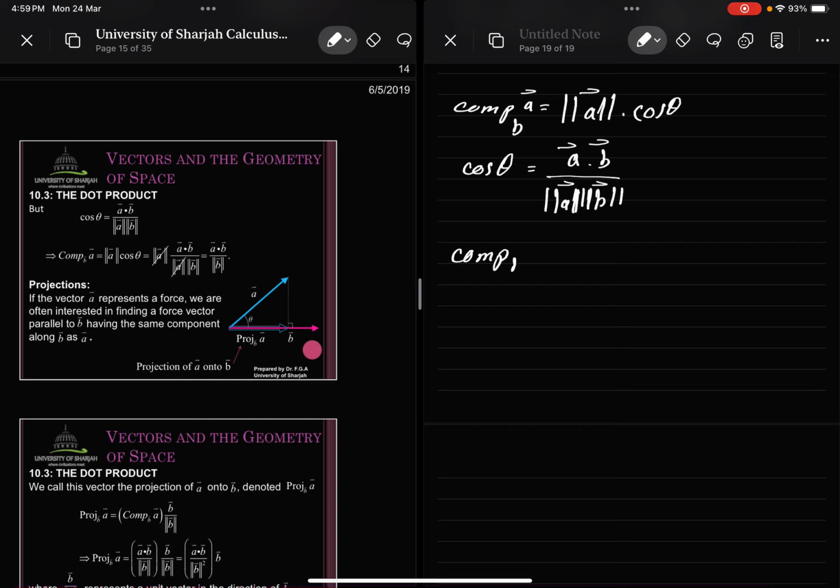So for comp along vector B, we replace cosine by this formula, and we end with A dot B. Same thing here, I will replace it here.